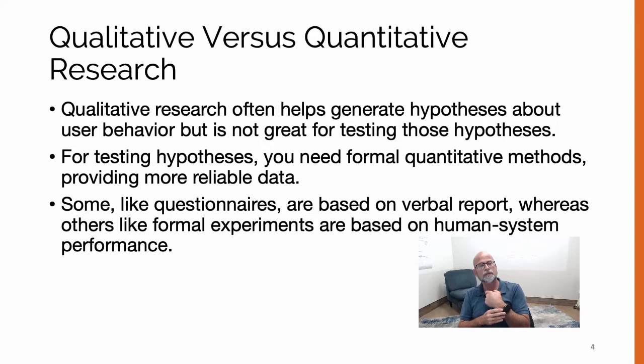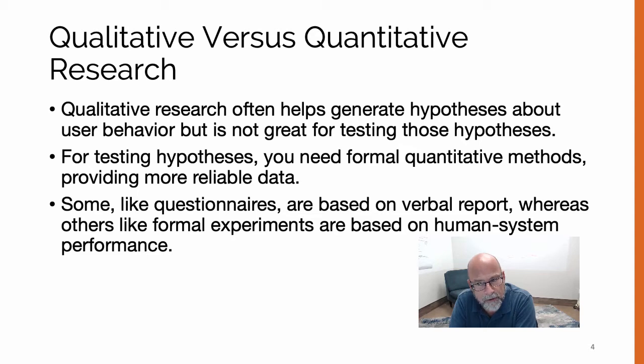So let's talk a little bit about qualitative versus quantitative research. Chances are you'll become quite expert at doing both, I hope. Qualitative research helps generate hypotheses about user behavior, but it's not great for testing those hypotheses. That is, it gives us ideas, but you don't know for sure that those ideas are correct. Often for testing the correctness of an idea, it's more helpful to have something a little bit more robust, something that requires a little bit more proof.